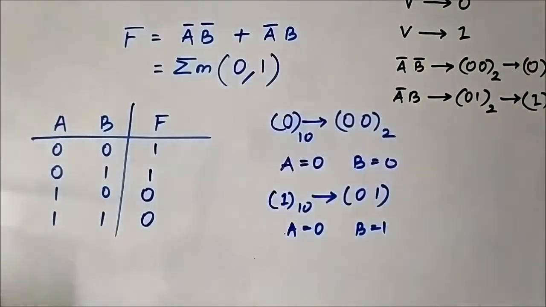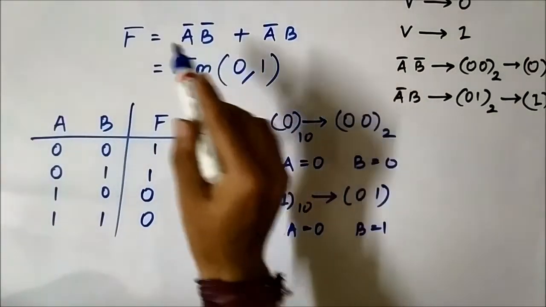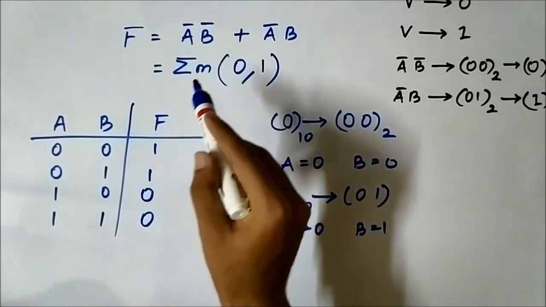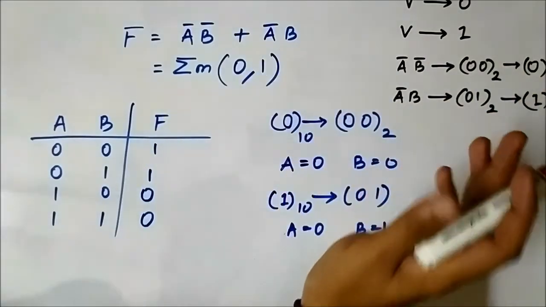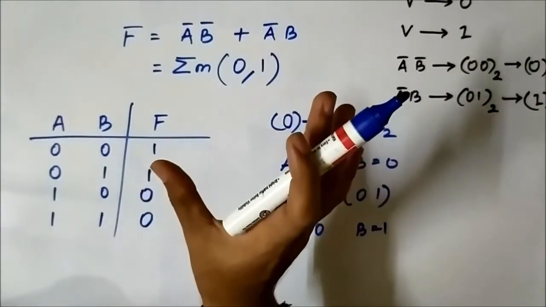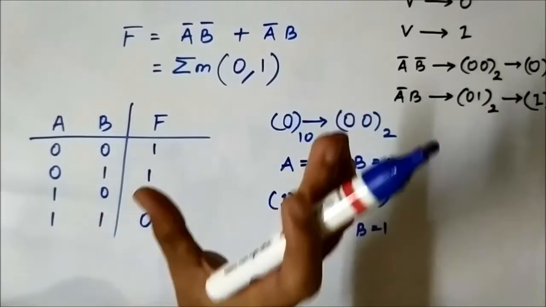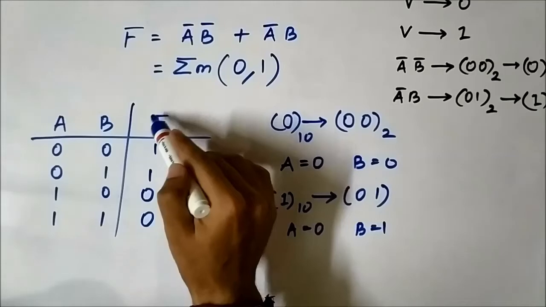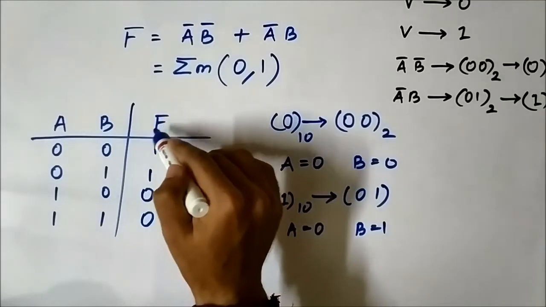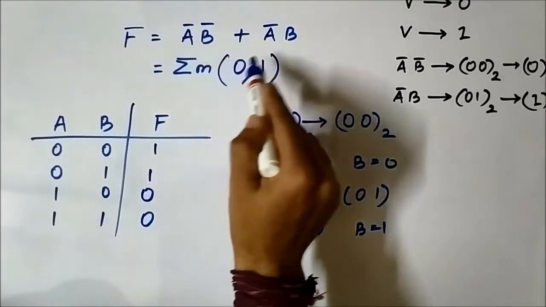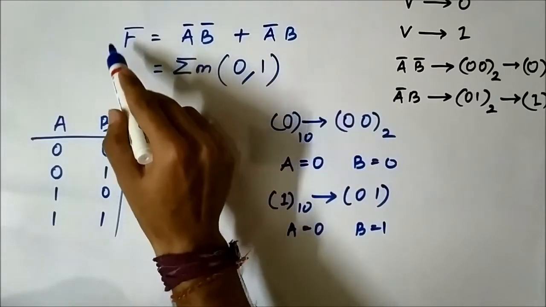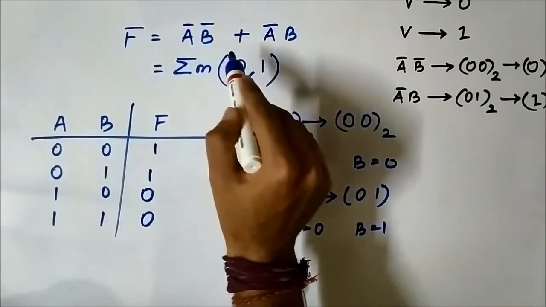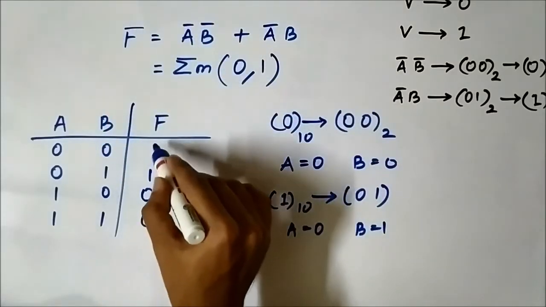That's what it represents. So we see that for the SOP expression or the sum of min terms expression, it is applicable at those points or those input combinations where the value of the Boolean expression given by the SOP or sum of products form is 1.